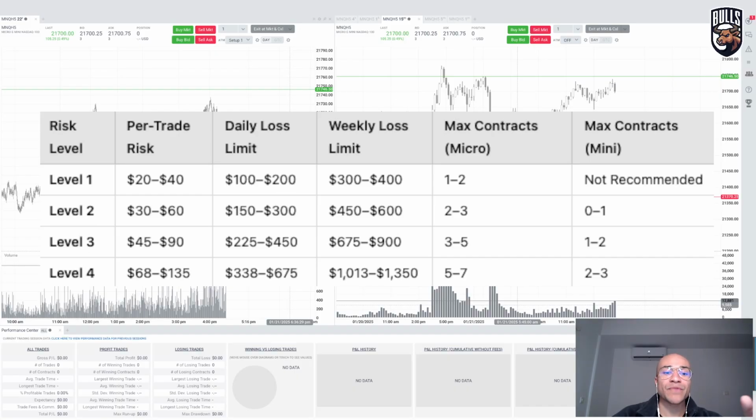And as you can see, I already have some risk levels defined here, basically to give you a better idea of what you should be risking per trade, what you should be risking on a day, on a week, and what contract size you should be trading with this account.